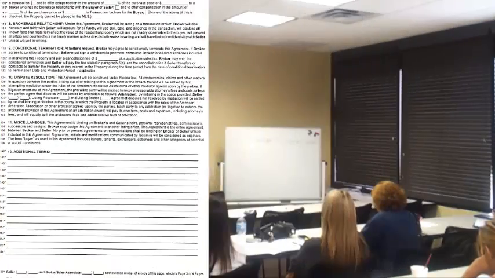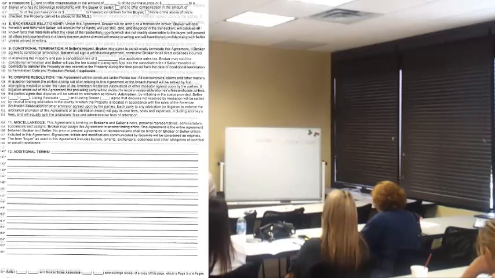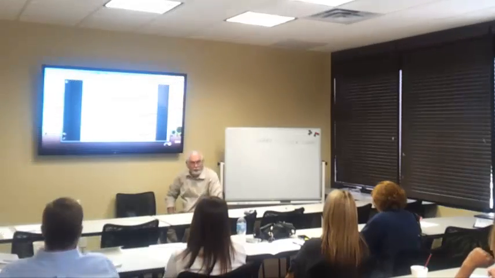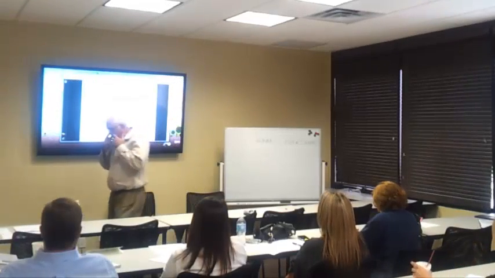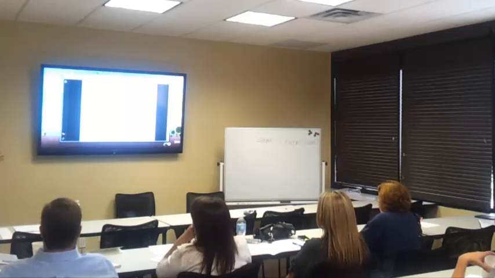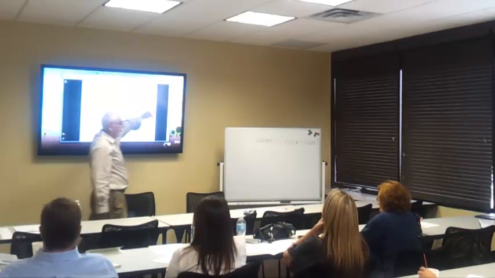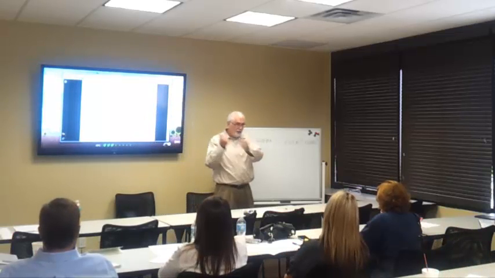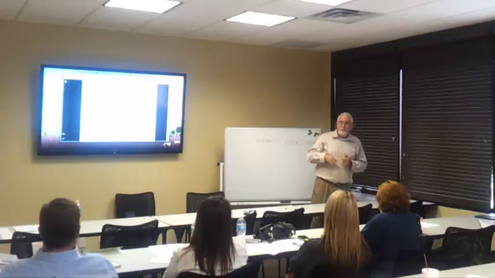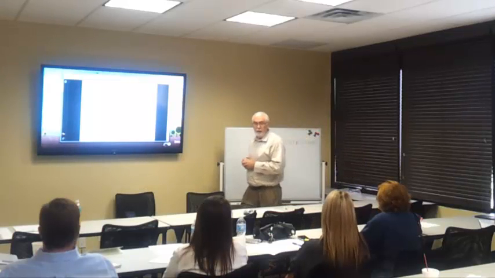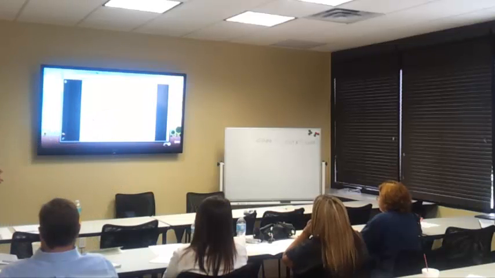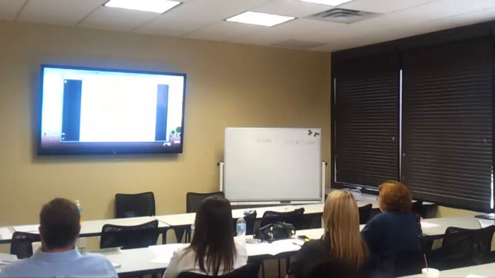Under additional terms, in individual offices, some of this stuff will be pre-populated. For example, if your transaction fee is $295, it will say here the transaction fee is $295. Now I realize we put it on the other page too, but it's also here. This would be the place where you would put the paragraph that after 6 months the listing can be terminated without penalty, if we use that.